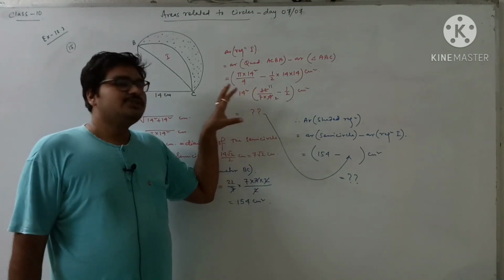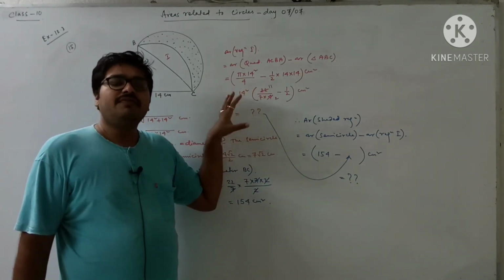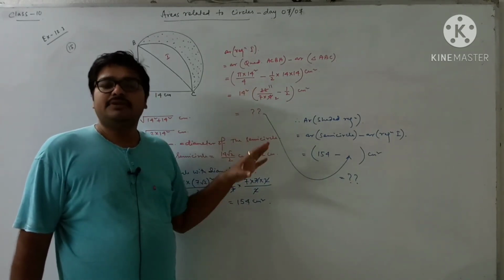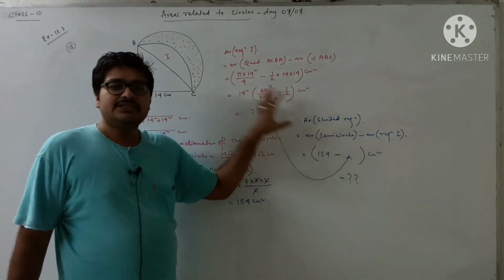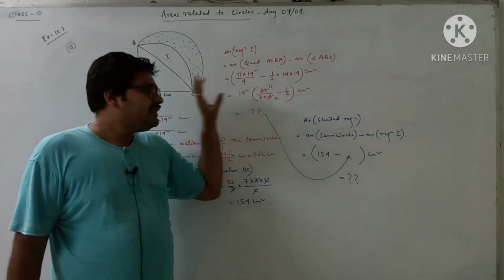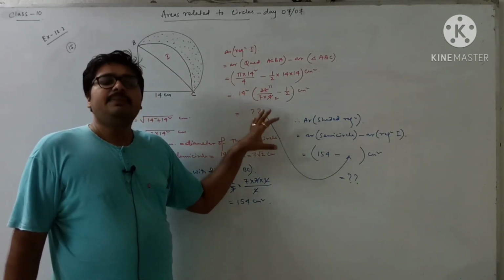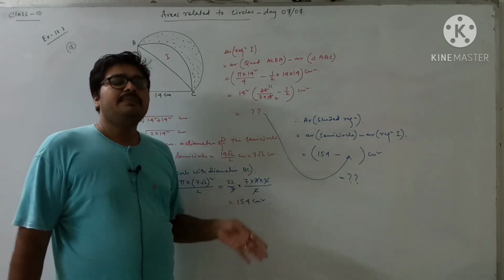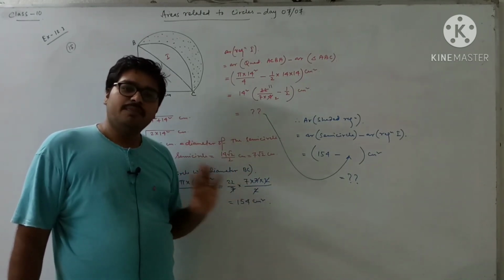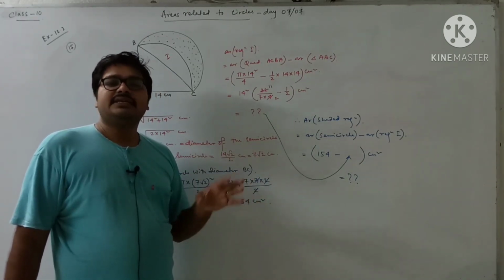If your division is not yet completed here, do not find your answer as an approximate one. Keep it as a fraction. Put that value here because this is not your last step. Whatever answers you are getting here, if you can get your answer as a terminating decimal number, no problem. If you are getting your answer as a fraction, no problem. But do not find your answer as an approximate one.